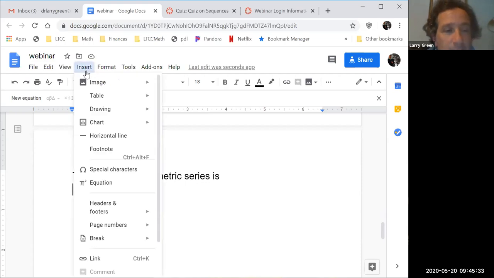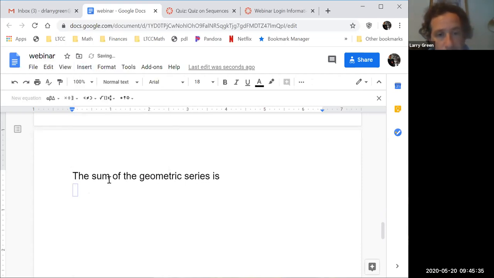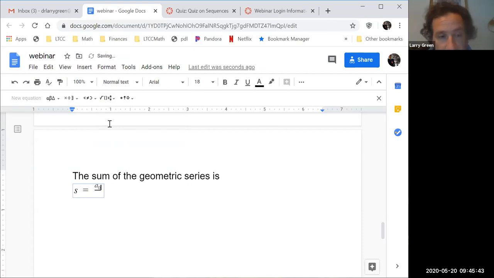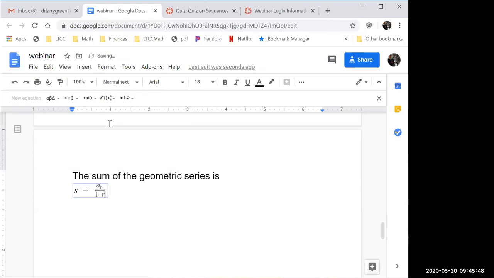So it's going to be equal to the fraction A naught over 1 minus R. It's important enough, I want to make it bigger.